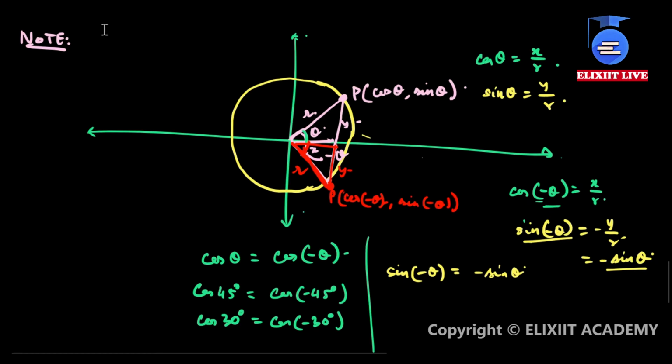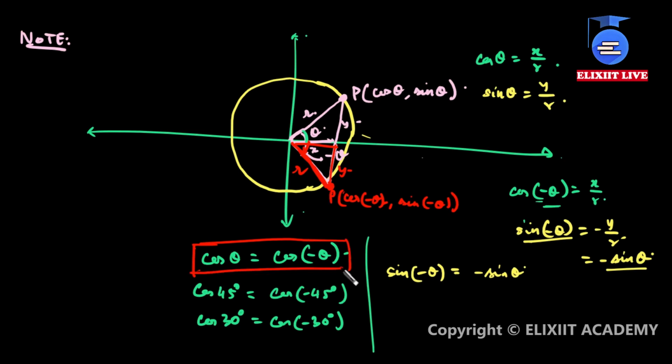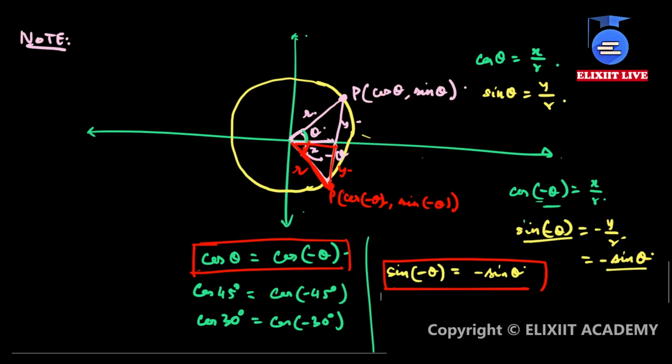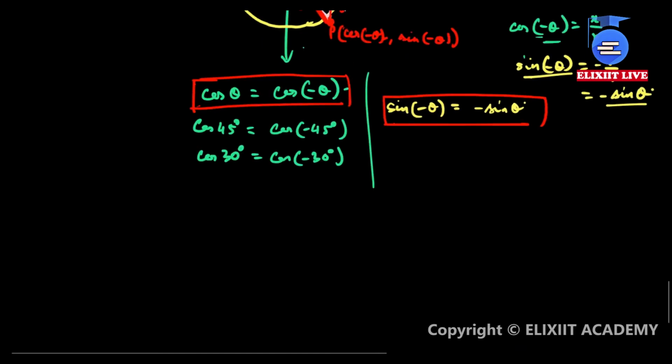Anyways, these are the two main important points which I'm trying to say. Cos theta is cos of minus theta, and sine of minus theta is minus of sine theta. So overall, what is the conclusion? Sine of minus theta, at any cost, these identities you must remember.